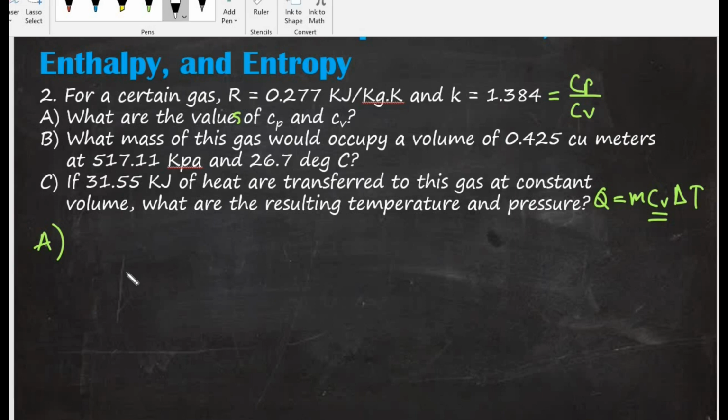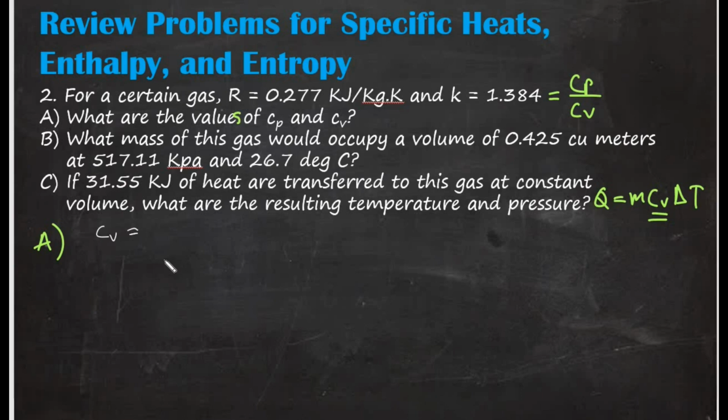A formula that we could use to solve for C P and C V given K and R would be C sub V is equal to R over K minus 1, and we can also use C sub P is equal to K R over K minus 1. So it's up to you.